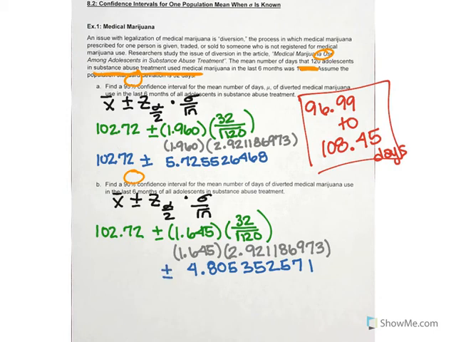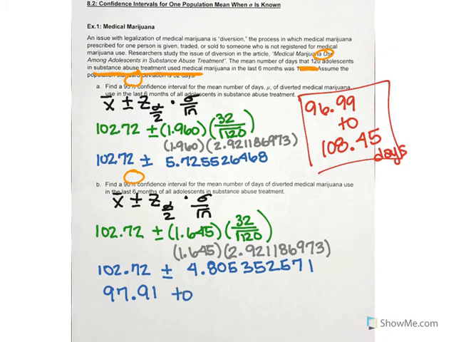That we're going to add and subtract from 102.72. So when I subtract that from 102.72, I get 97 point, and we're doing 2 decimals here, 91, because that 4 makes the 1 stay a 1.